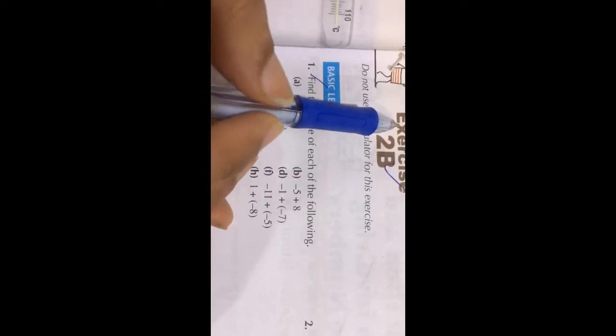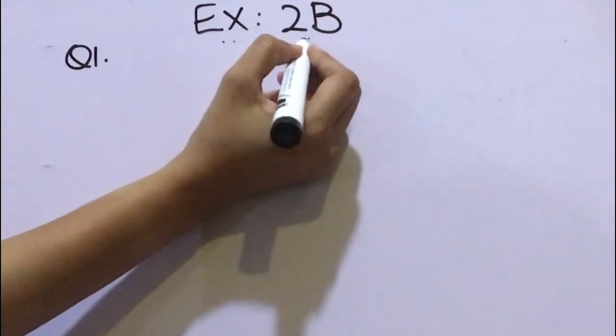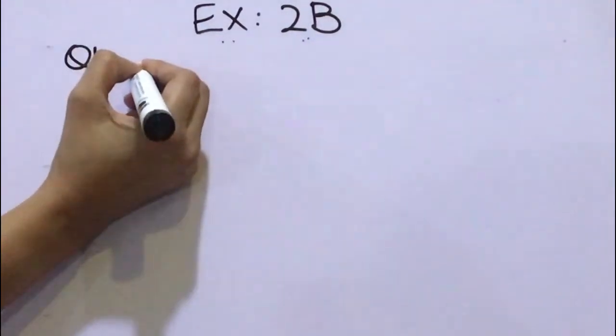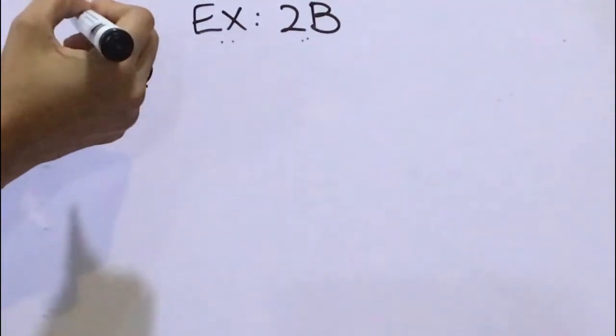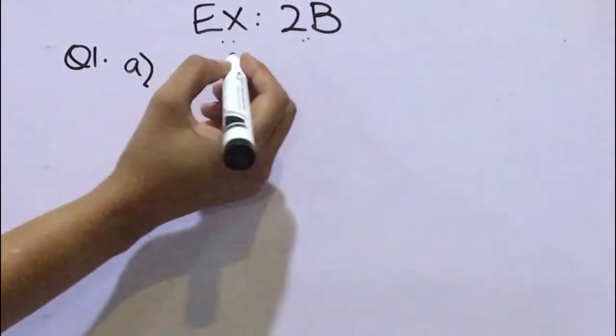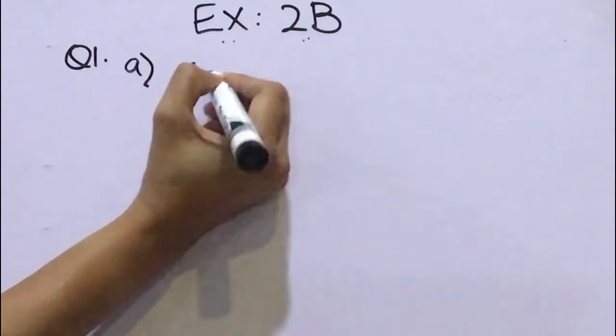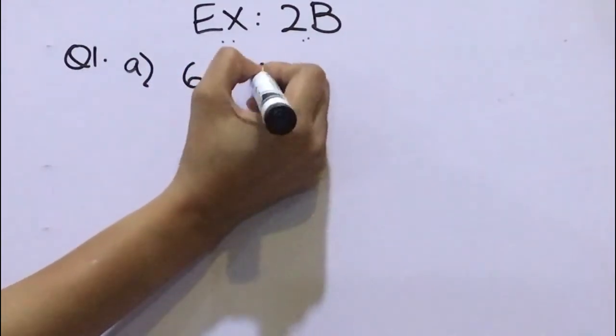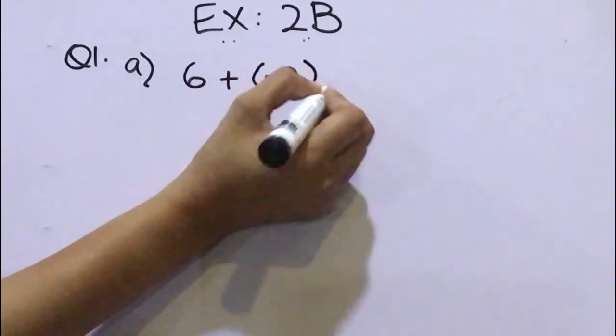Today we will do exercise 2B, basic level, question number 1. Find the value of each of the following. Part A is 6 add minus 2.